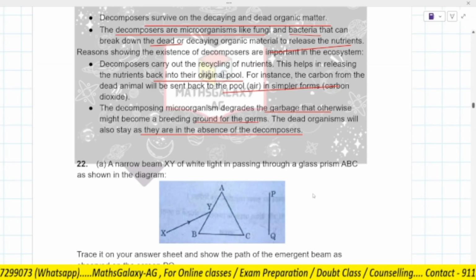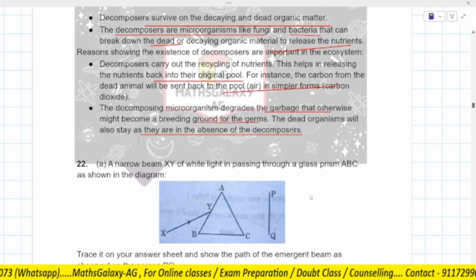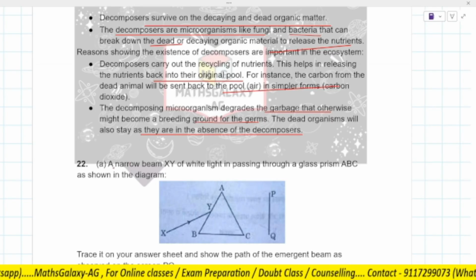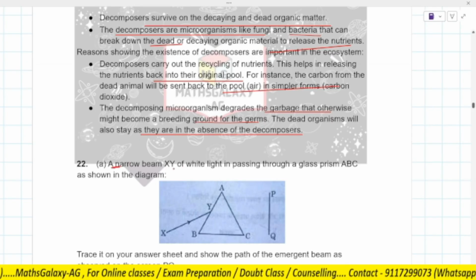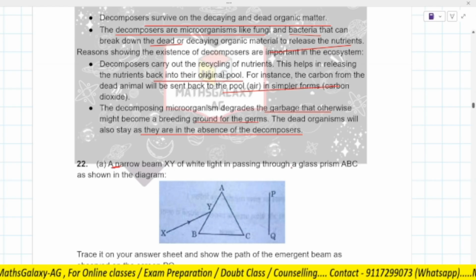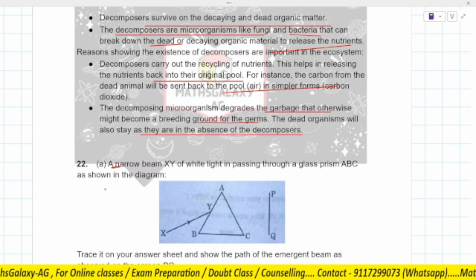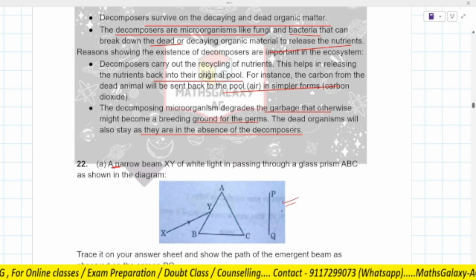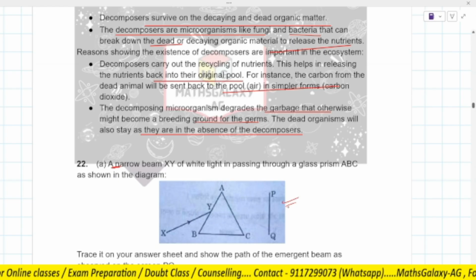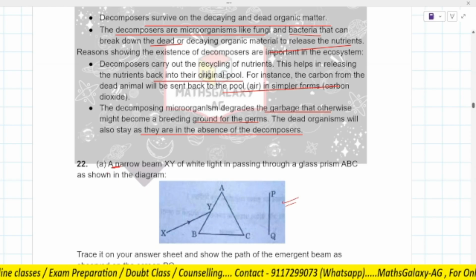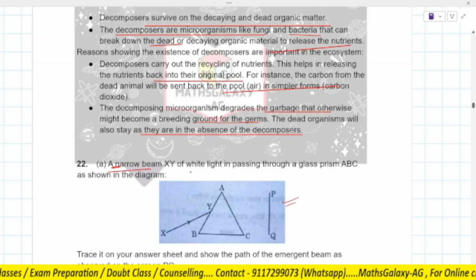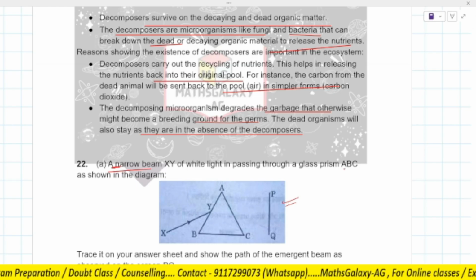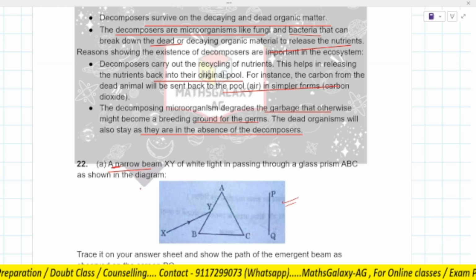No doubt. Now let's see here. A narrow beam XY of white light is passing through a glass prism ABC as shown in the diagram, okay? As you can see here, na?